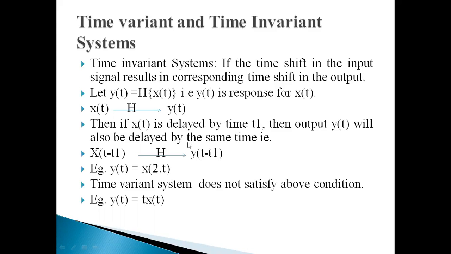That is, if we make the change in the input x(t) to x(t minus t1) and it is applied to the system, then the output will also be affected and will be y(t minus t1). That means if the same change that we make in the input occurs in the output time also, then that type of systems are called as time invariant systems.